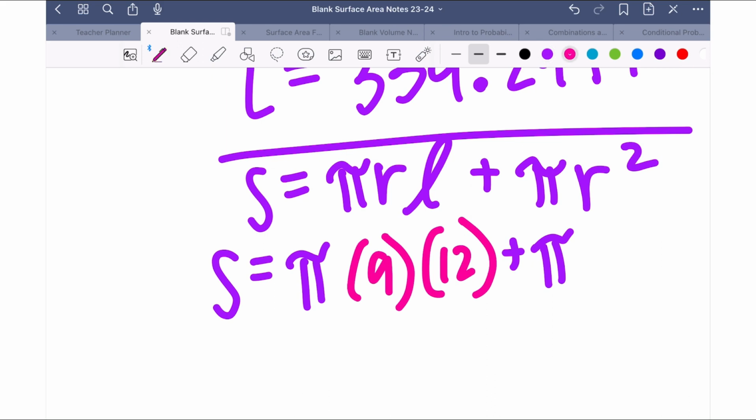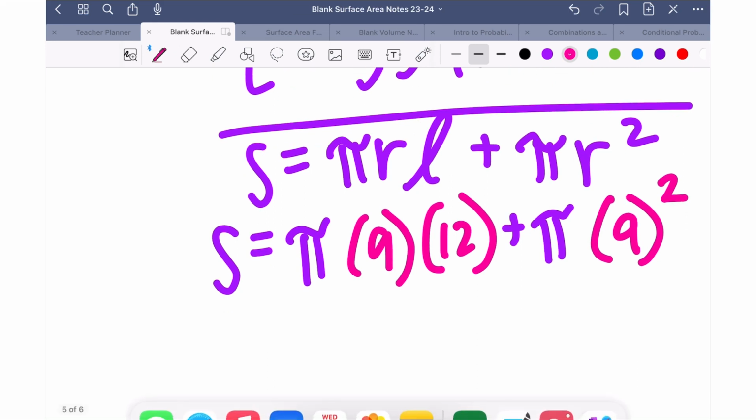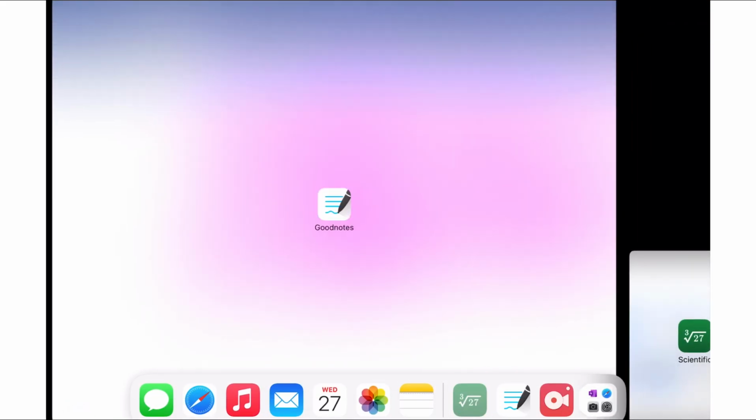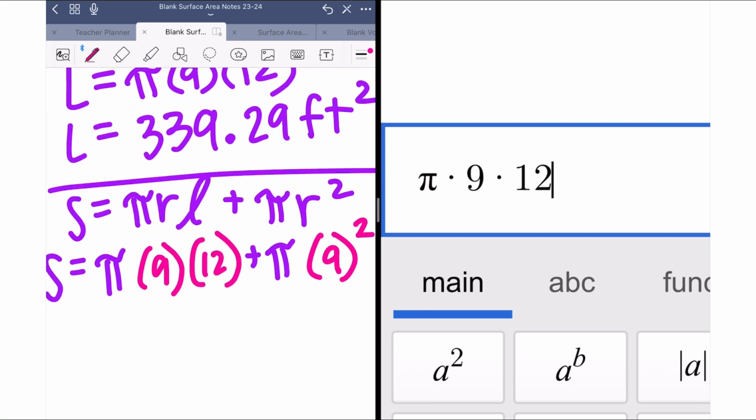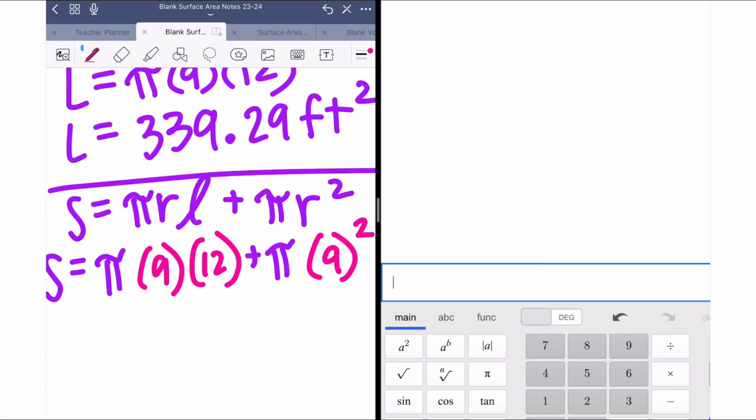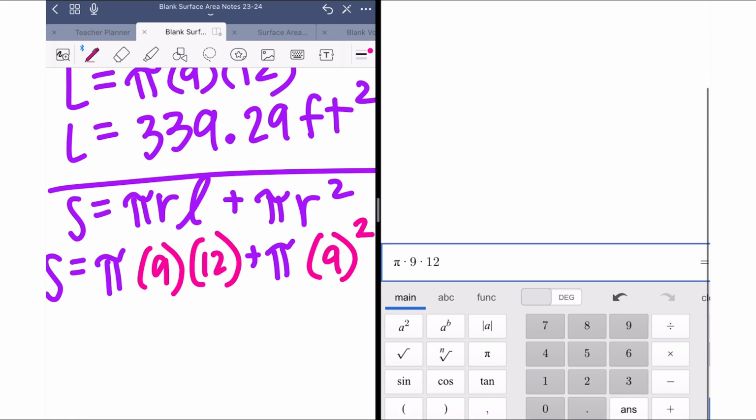pi times your radius squared. All right. Please be careful because there's 2 pi's here. The formula is pretty long. And so make sure you're typing it into the calculator correctly. Pi times 9 times 12, which we just had. I don't know why I erased it. Anyway, pi times 9 squared.